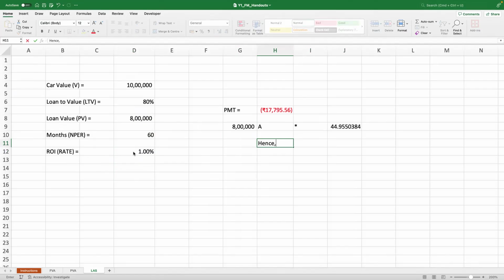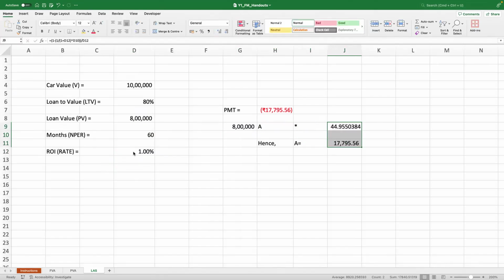Hence, A will be equal to what? 8 lakhs divided by this number. What is the value you see here? 17,795.56. Is it the same value? Ana paisa se.